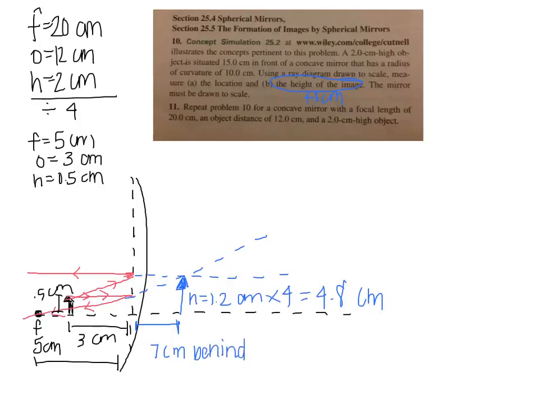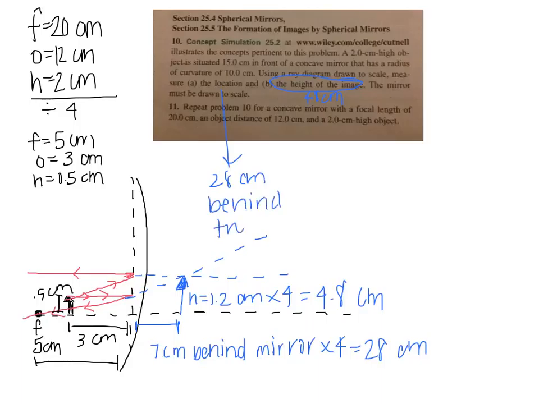And 7 centimeters, of course, is not going to be the answer since we divided by 4. We must multiply by 4. So our answer is 28 centimeters. So the location of the image is going to be 28 centimeters behind the mirror. And the height is 4.8 centimeters.